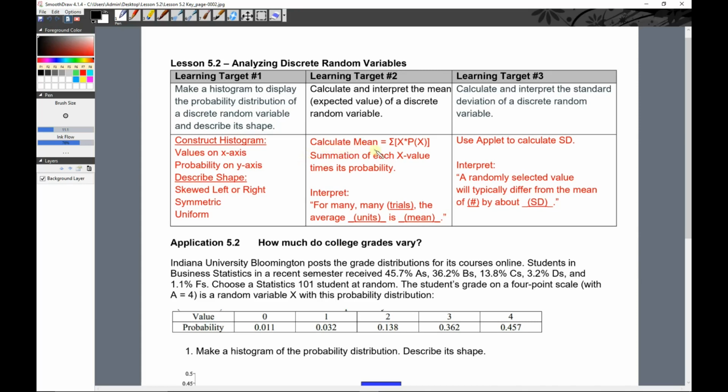To do it by hand, this little funny looking E looking thing is a summation symbol. It means add them up. What are you adding up? You're going to add up the product of the random variable, each value of the random variable times its probability. So down here, it would be 0 times 0.011 plus 1 times 0.032 plus 2 times 0.138, and so on until you get to the last one.